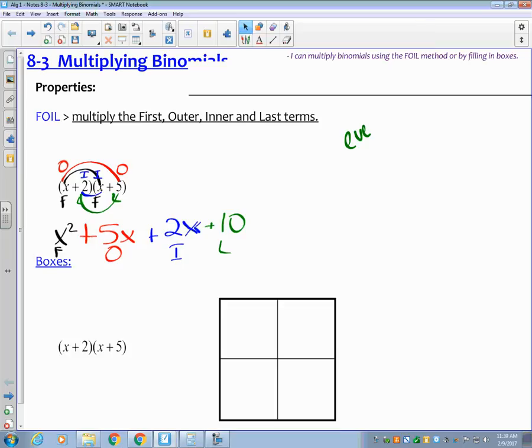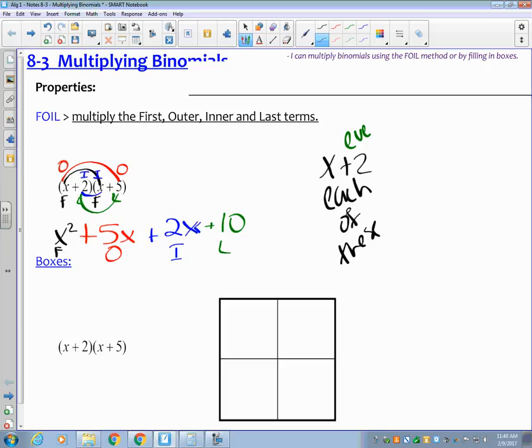All right, so this is the nitty-gritty. Let me give you the overall generic theory, and if you want to switch this up so it makes sense in your brain, you can. So essentially, in my x plus 2, each of these gets multiplied to each of these.